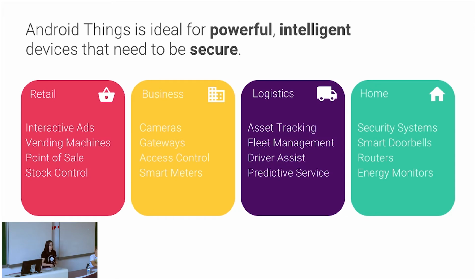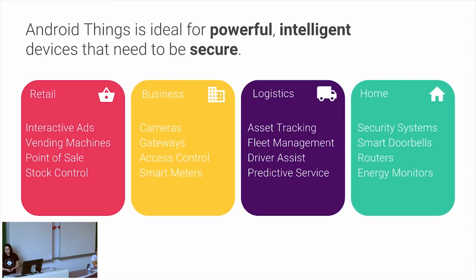Some examples of where Android Things would really make sense are in the retail industry, where, for instance, you wanted to do some smart inventory control, or in the business industry, where you wanted to have cameras or connected smart meters or access control powered by Android. You can also look at it in the logistics industry, where you would like to do something like fancy asset tracking or some insane image processing.